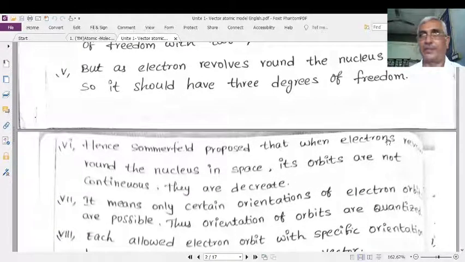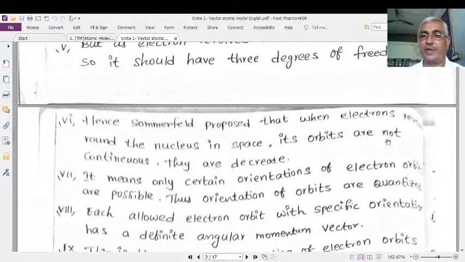When a body is rotating in space, it needs 3 degrees of freedom. That third parameter was proposed as the orientation of the rotational orbit of the electron.